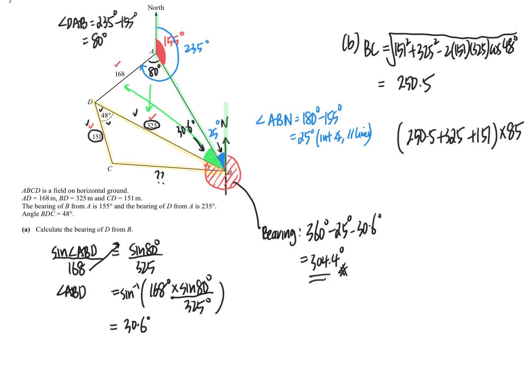So add everything times 85. You should get $61,800, nearest $100. So round off your answer to nearest 100 here. When the question says must round off to nearest 100, then you must round off to nearest 100.